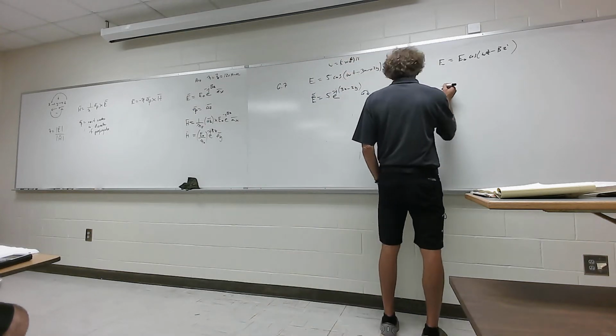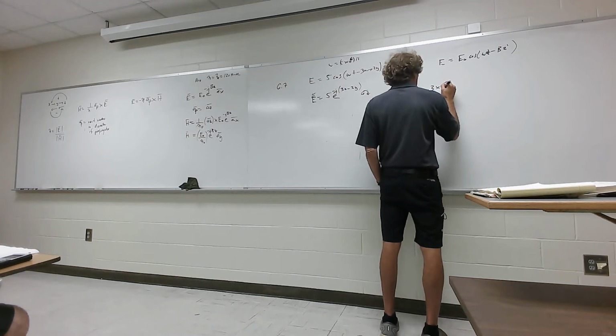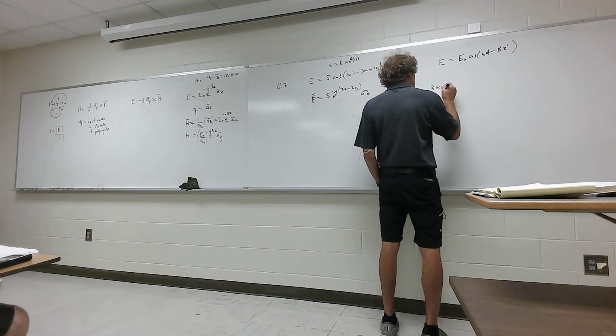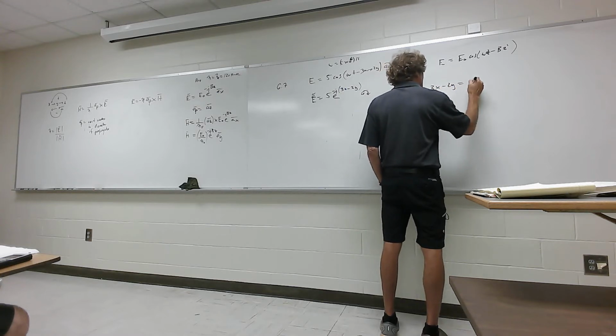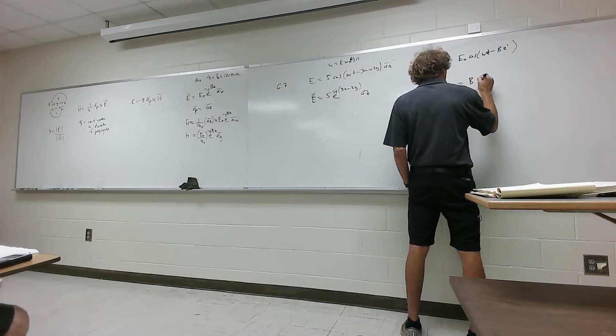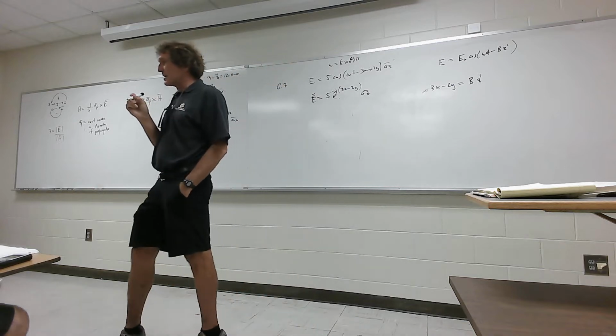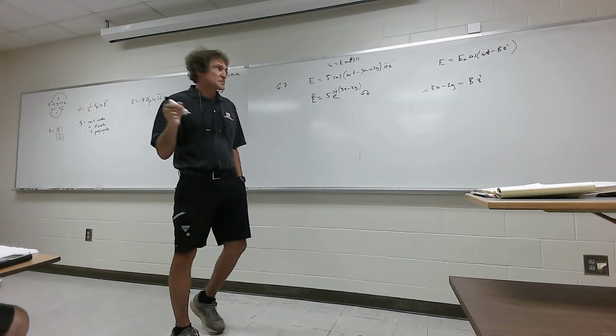So I have this 3x minus 2y, and that's really equal to beta times I'll call it z prime. That's going to be a vector in the direction of propagation, but it's going to have a unit magnitude, and I'll explain this in a second.